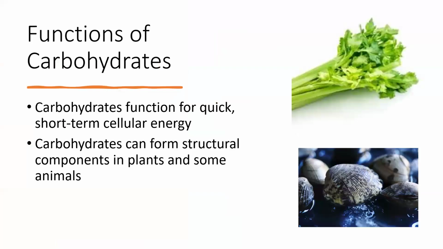So what do we use carbohydrates for? Primarily, carbohydrates are used for quick, short-term energy supply. Many things that we do in the body require energy, like writing, beating of the heart, breathing. All those activities require energy.